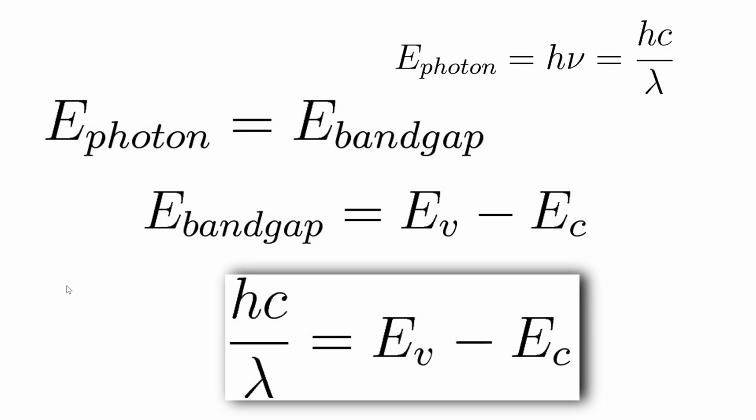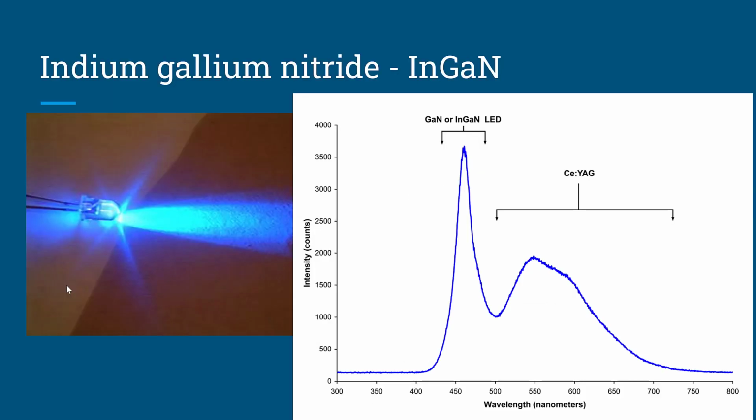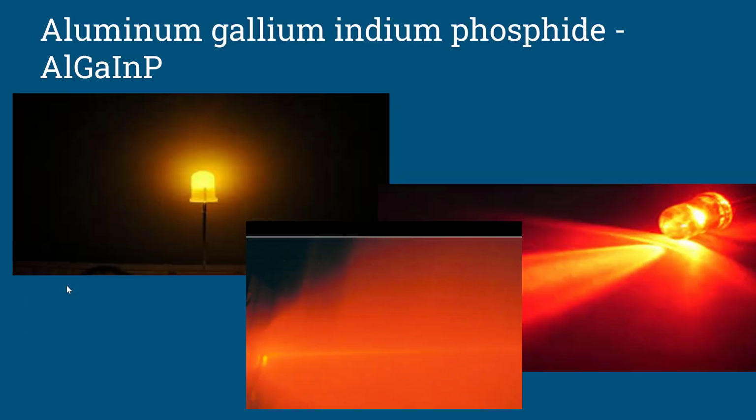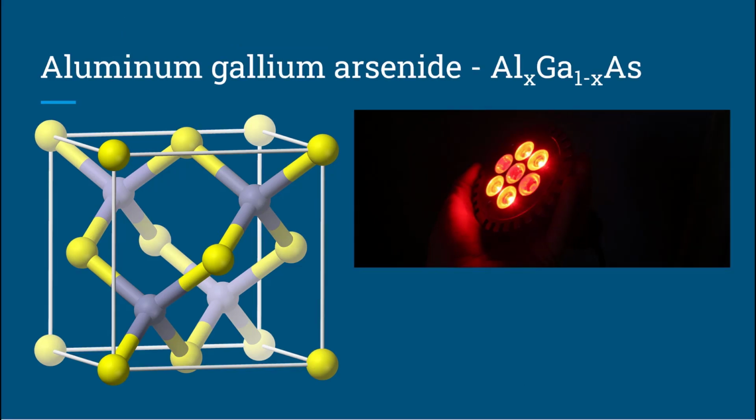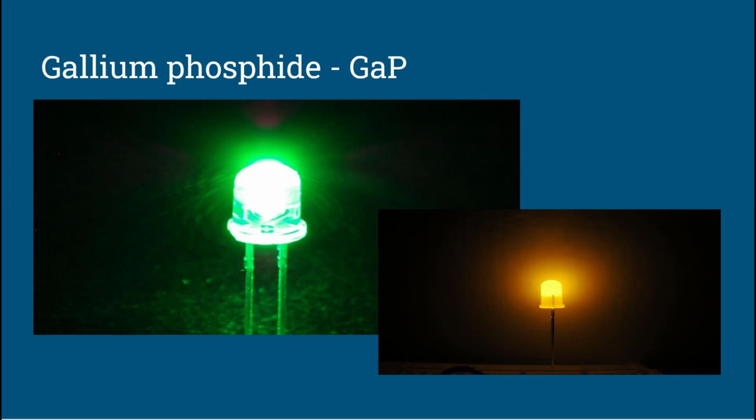The main semiconductor materials used to manufacture LEDs are indium gallium nitride, which gives the wavelengths of blue, green, and ultraviolet high brightness LEDs; aluminum gallium indium phosphide, which gives yellow, orange, and red high brightness LEDs; aluminum gallium arsenide, giving off red and infrared LEDs; and gallium phosphide, giving off yellow and green LEDs.